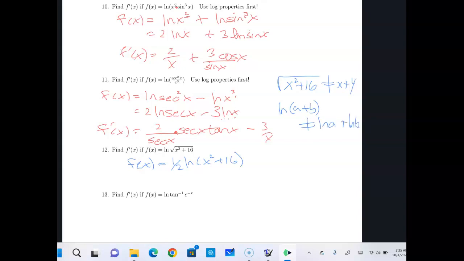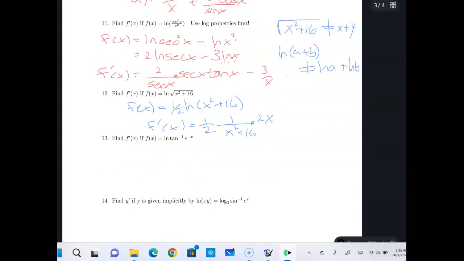That's another big no-no. So now we're just ready to take the derivative. So the derivative will be carry the 1/2, ln of stuff, put that in the denominator, and then times the derivative of stuff.